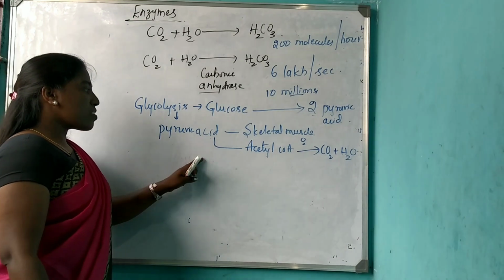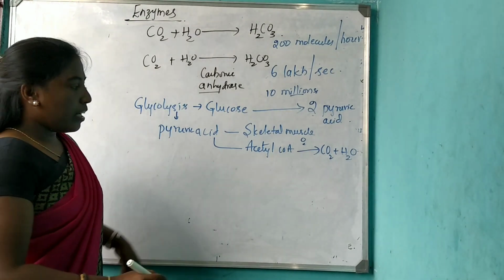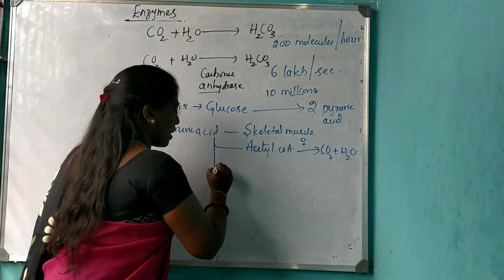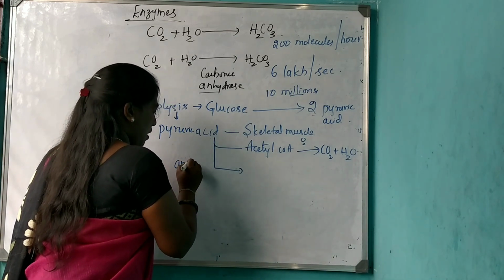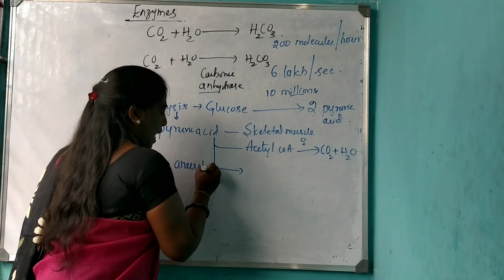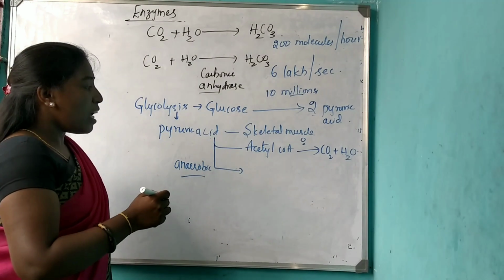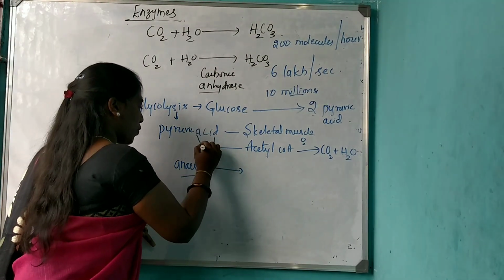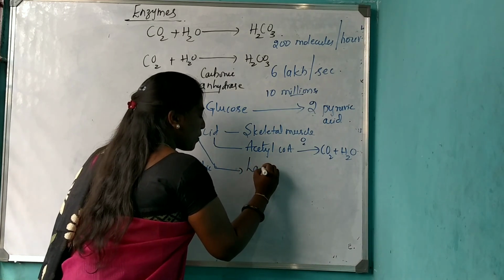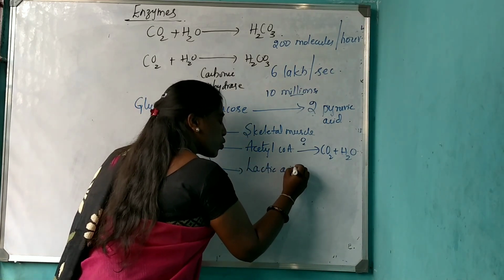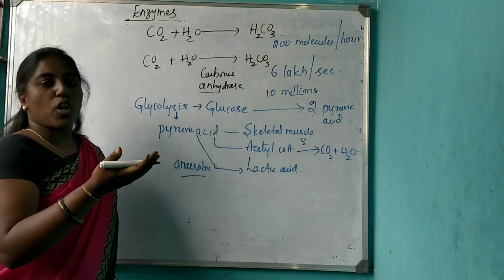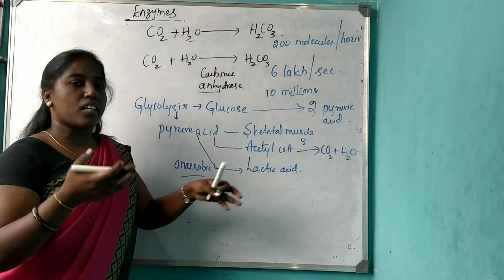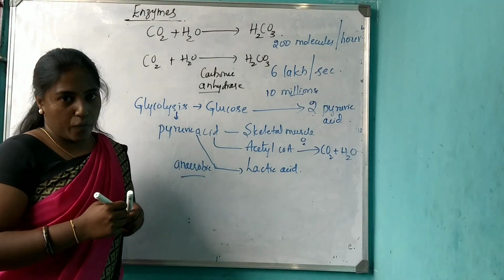The same pyruvic acid under anaerobic condition, that is, in the absence of oxygen, will be converted into lactic acid, due to which the pH of the muscle cells will be changed, which causes the stinging effect.